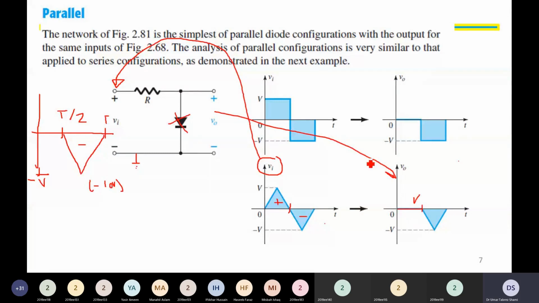Therefore, the parallel clipper will allow the negative portion of the input voltage to be available at the output. And this is happening because diode D is reverse biased. ठीक है?